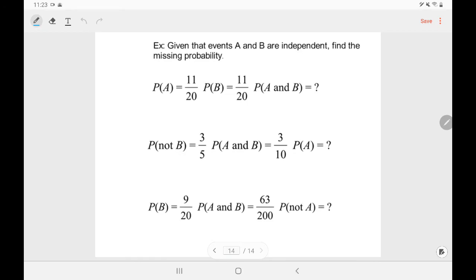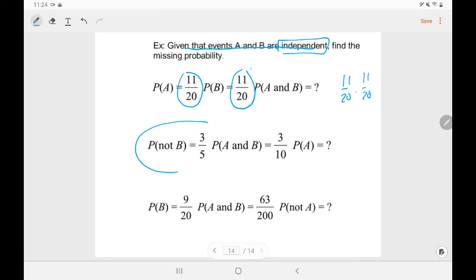Last two examples. Given that A and B are independent, notice they didn't say mutually exclusive, they just said independent, so one outcome does not affect the other. Find the missing probability. So 11/20 times 11/20, and we would calculate that and change it to a fraction.